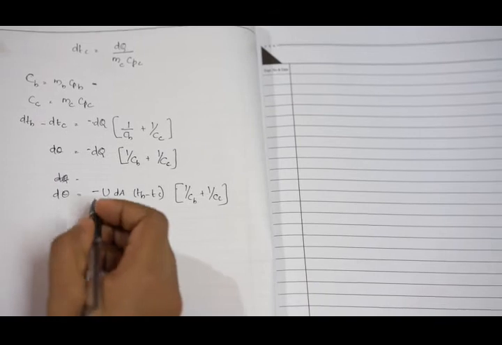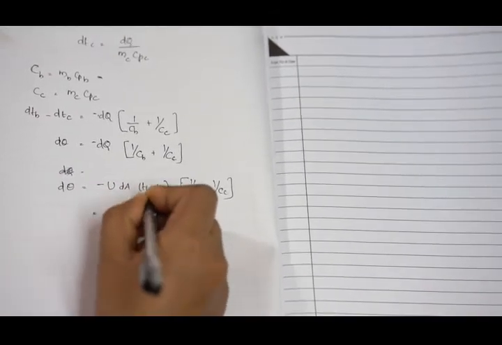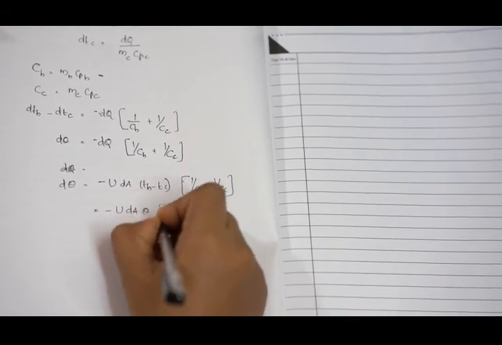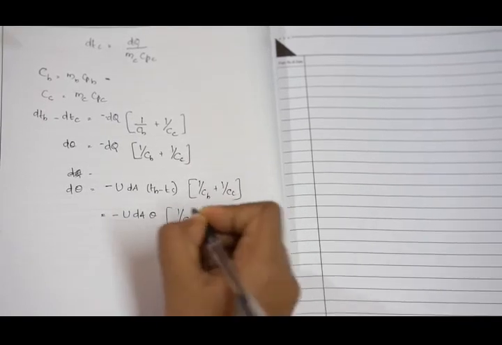We know that U dA into (Th minus Tc) is equal to U dA theta. So the equation becomes with 1 by Ch plus 1 by Cc.